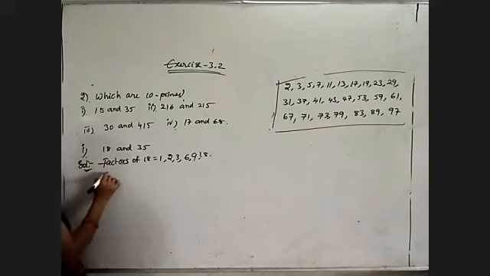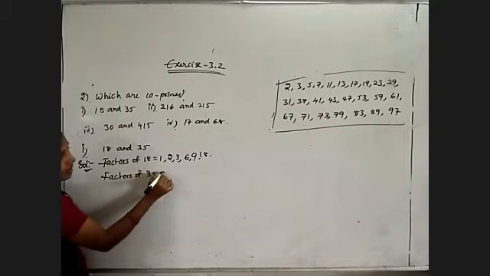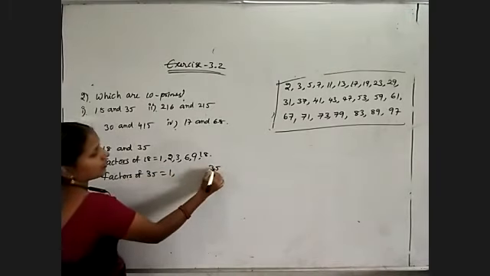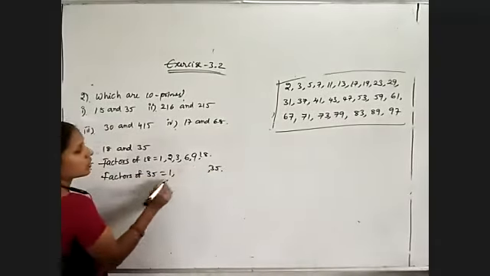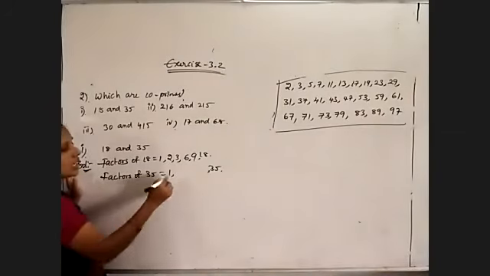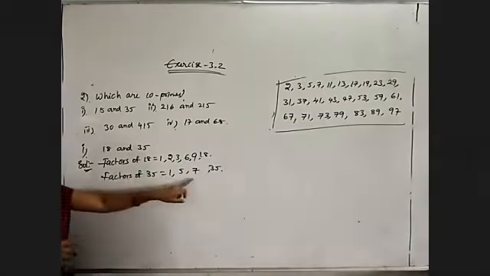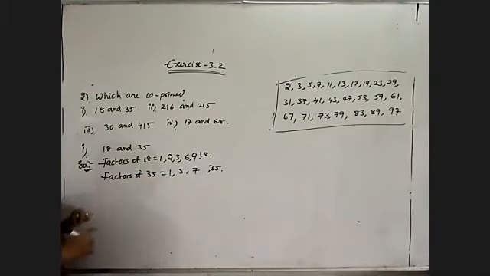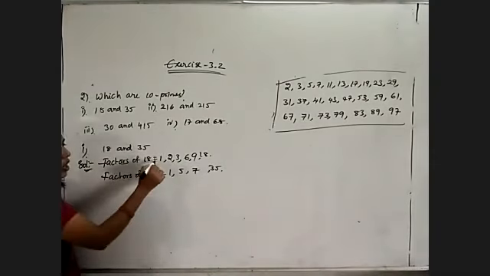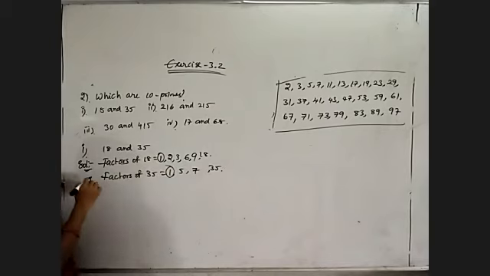Now the factors of 35: 1 and 35. The 2, 3 and 4 tables we will not get. 5 7s are 35. That's all. 6 we will not get, and 7 already finished. Those are the factors of 35. Now how many common factors are there? Only one.